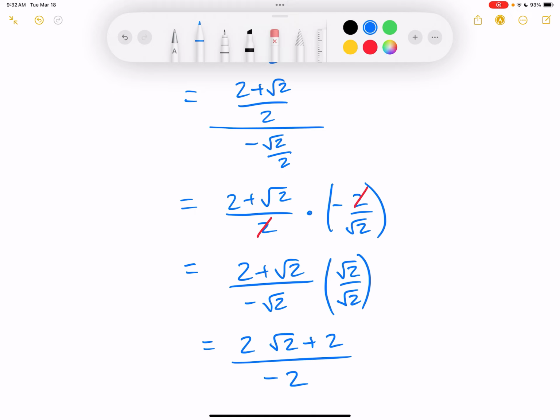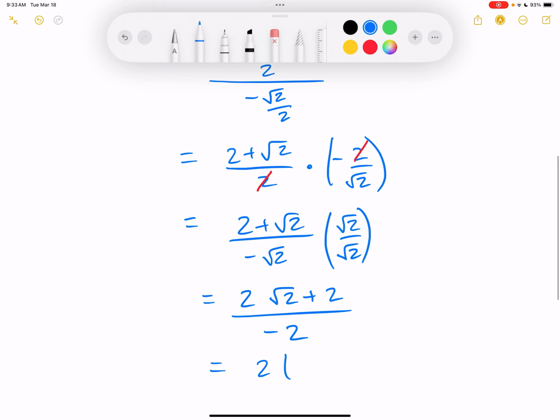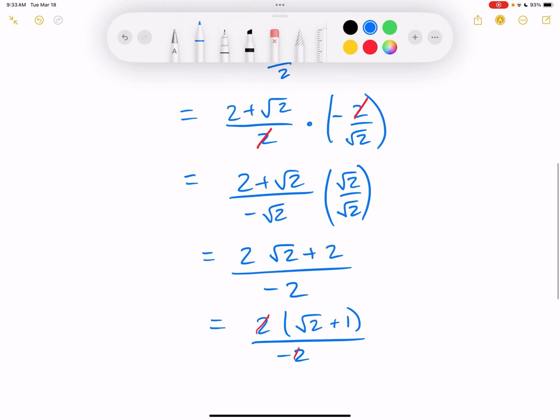I can factor out a 2. So 2 times root 2 plus 1 over negative 2. 2's cancel. So my final answer is negative parentheses root 2 plus 1.